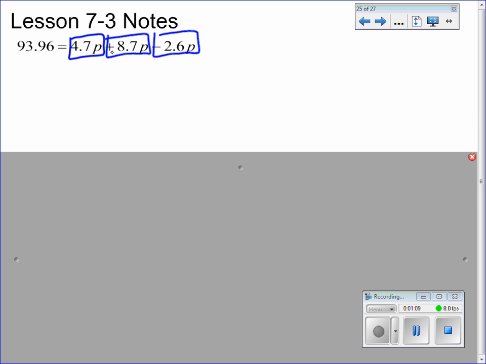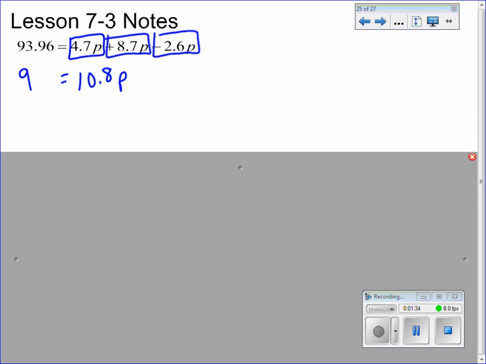All three of these have the same variable. It's a p in each one, and the variables have the same exponents. And so we can combine these. So you can take 4.7 plus 8.7 minus 2.6, and when you do that, you get 10.8 p.